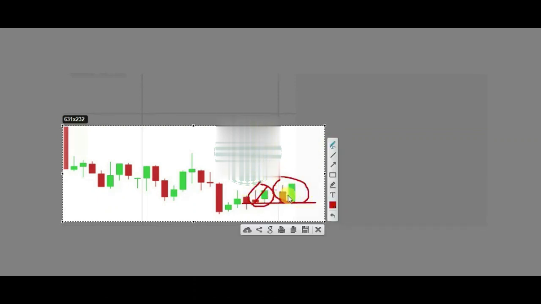I think you understand what I'm trying to tell you. This is a seller's level. You can see seller's entry. If any candle closes near this area in the future, we can decide. But now we can consider there are two buyer's entry levels. One level is here, this line.